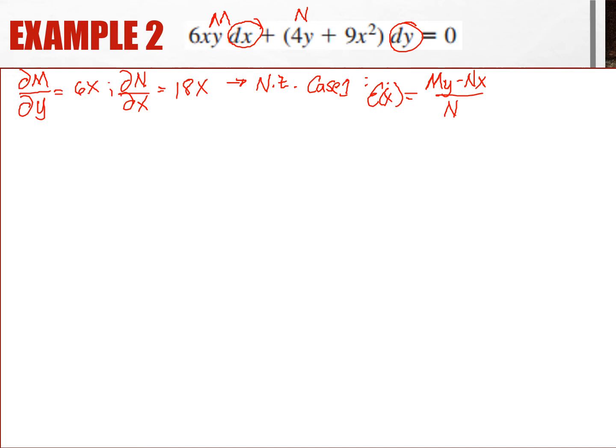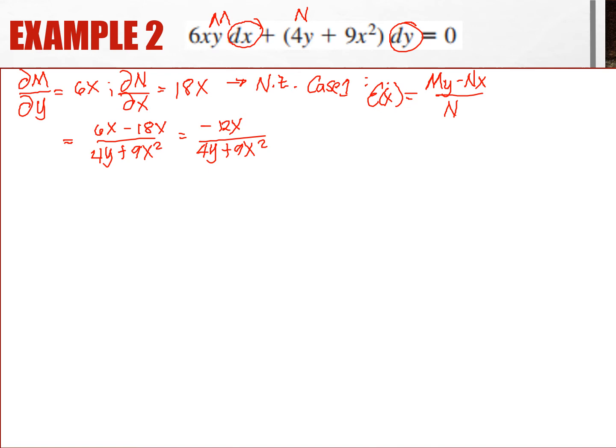We write it here: My is 6x, Nx is 18x, N is 4y plus 9x squared, which gives negative 12x over 4y plus 9x squared.